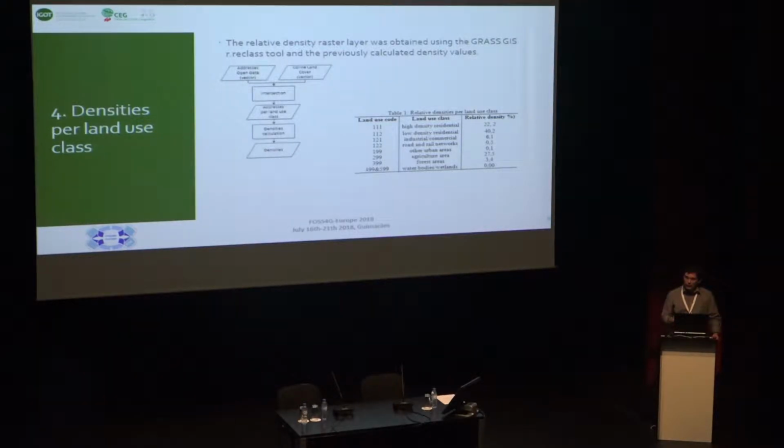In other works, this calculation of the densities is based on image maps and satellite images. Instead, we chose this layer because it's a new layer with good data for doing this calculation.